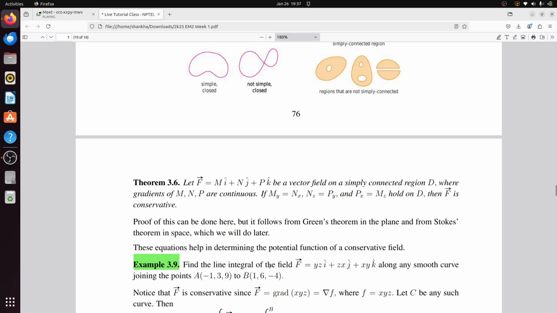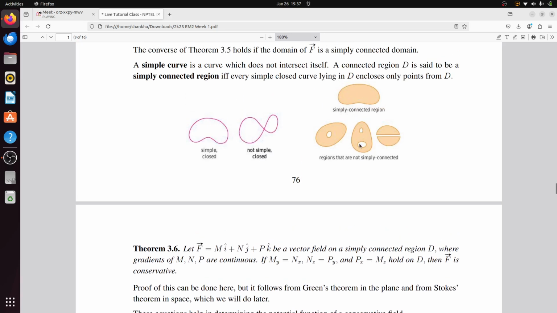Sir, simply connected and connected, there is a difference, sir. Yes. This is not simply connected. Sorry, this is simply connected, but these are not simply connected. Connected means that using straight lines you can go from one point to another point. We can shrink the curve to a point for simply connected regions. Not simply connected means if you have 2 points, the straight line should also lie within that region.